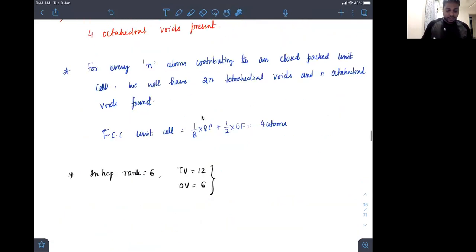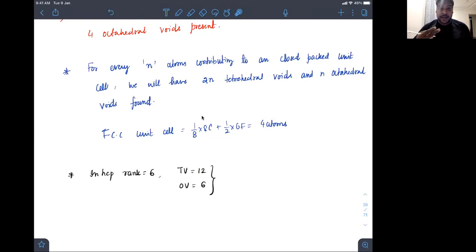And the last important conclusion is this: if we take n atoms contributing to a unit cell, for instance, in FCC, what is the contribution? It is 4 atoms. In FCC, we have 4 atoms making the unit cell. If we have 4 atoms, we will always have 8 tetrahedral and 4 octahedral voids.